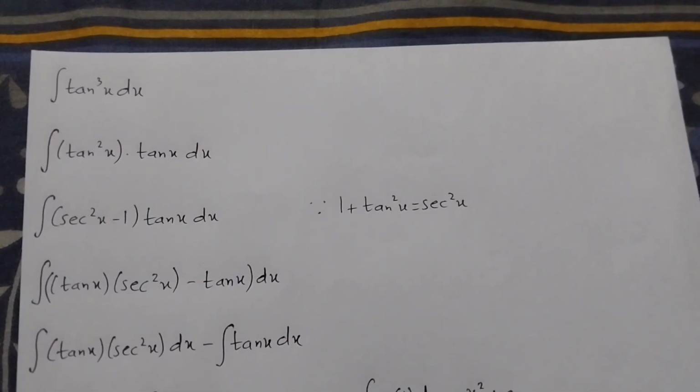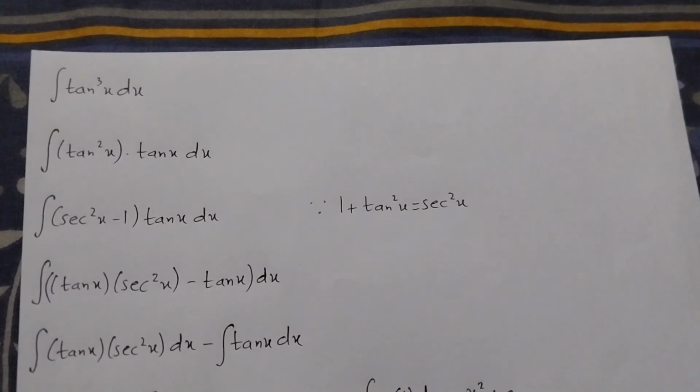So this will become the integral of secant square of x minus 1 into tan of x dx. Tan of x is being multiplied with secant square of x minus 1. We'll just distribute it. It will become tan of x into secant square of x minus tan of x.